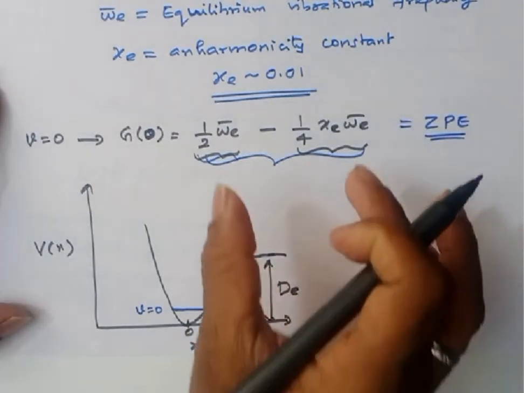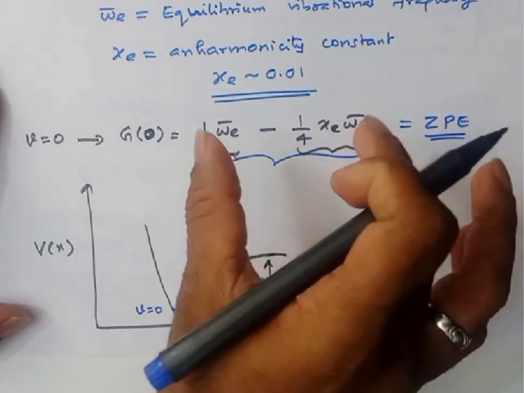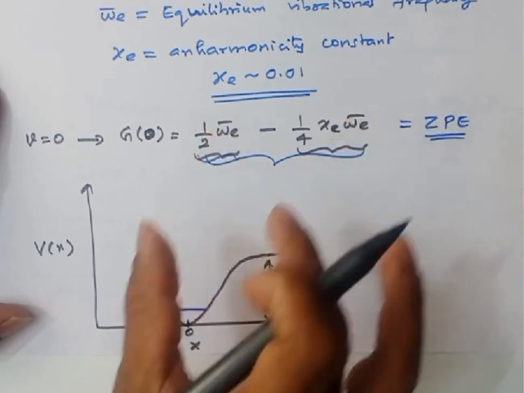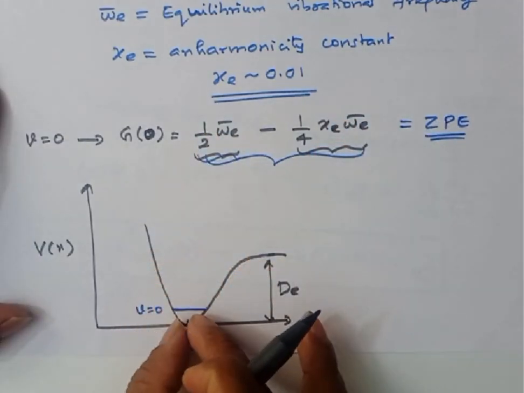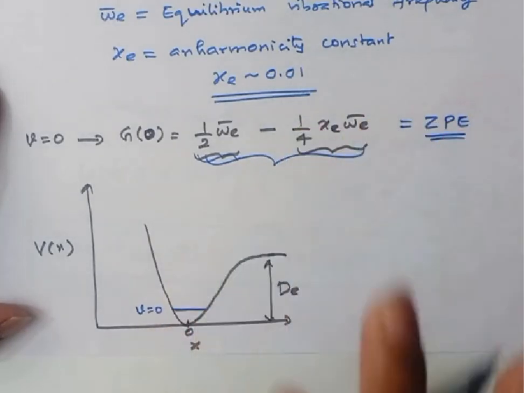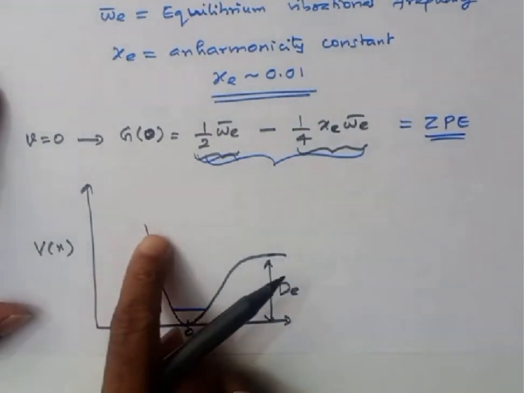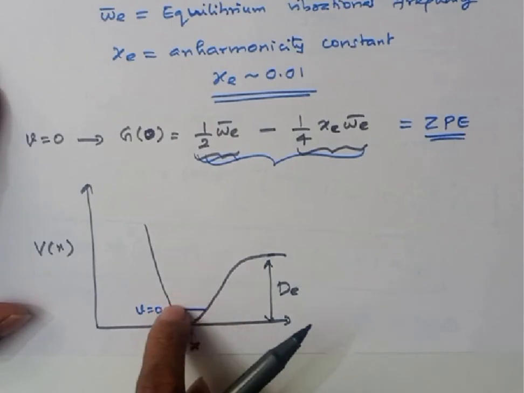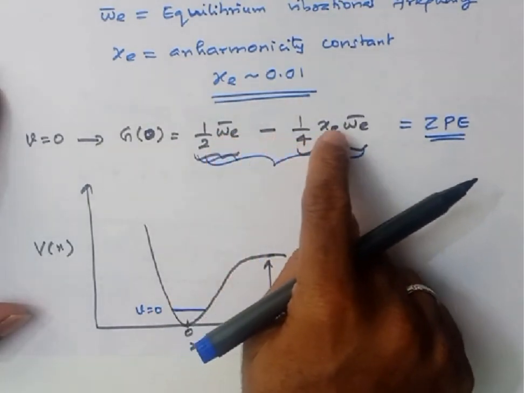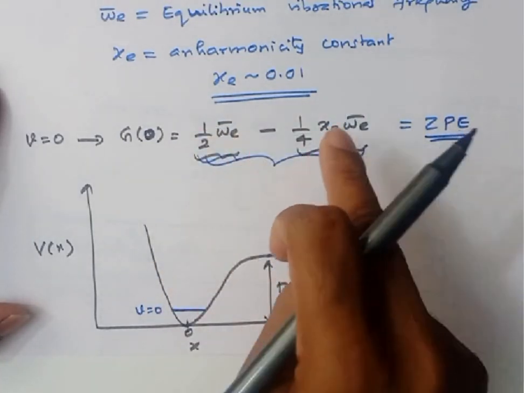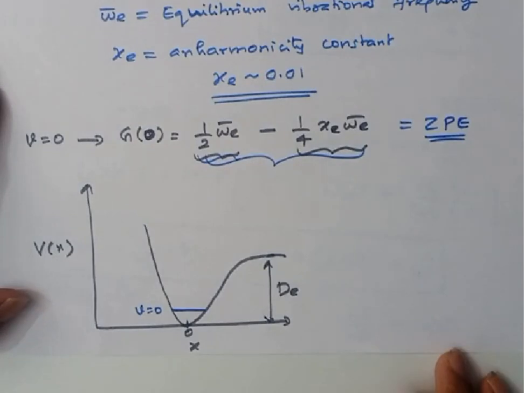Very simple. Take the lowest energy possible through the quantum mechanical result and the lowest energy possible through the classical result, and take the difference. The difference is the zero point energy. Here classically the lowest possible energy is 0, whereas quantum mechanically it is this, so the difference is this. Therefore this is what we call the zero point energy of the molecule.